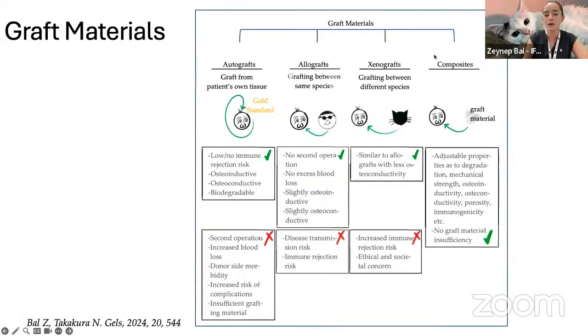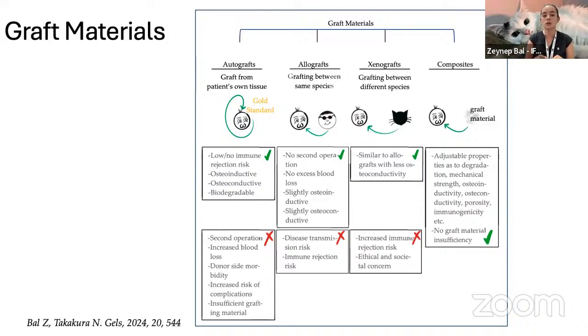So what kind of grafts may you have? You may have four. Let's start with autografts because they are the gold standard. I think everybody knows this, but it is from me, for me. What if I have a spinal surgery, or the surgeons decide to fix my spine, they may use some bone from my iliac crest. It is good because there's no immune rejection. It is my own tissue.